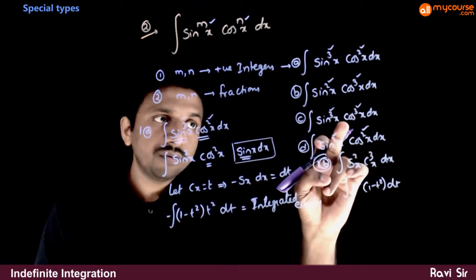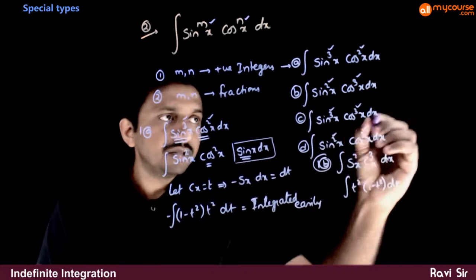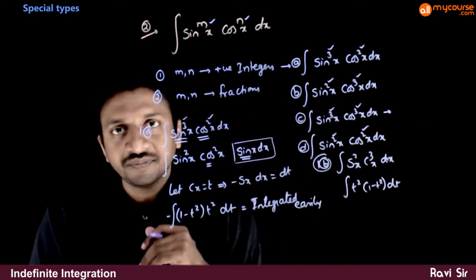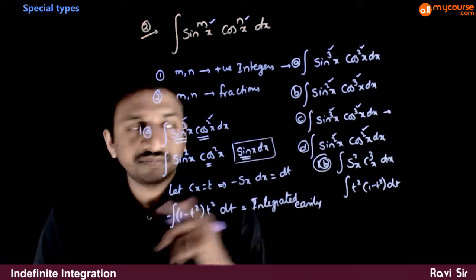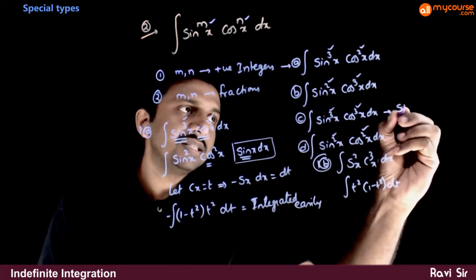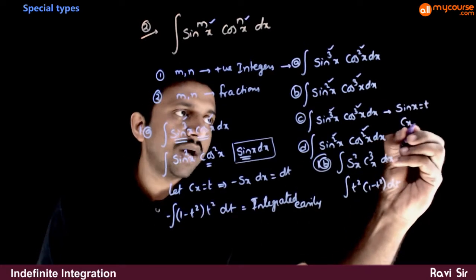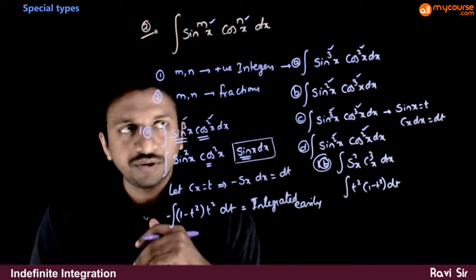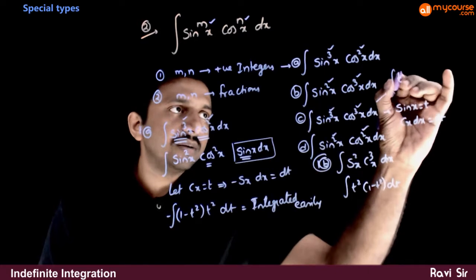Next, if you go for the third one, integration of sin cube x into cos cube x. In this question, we can take any of these two functions as t. If you assume sin x is equal to t, then cos x dx goes into dt. So this integration becomes, sin cube becomes t cube.